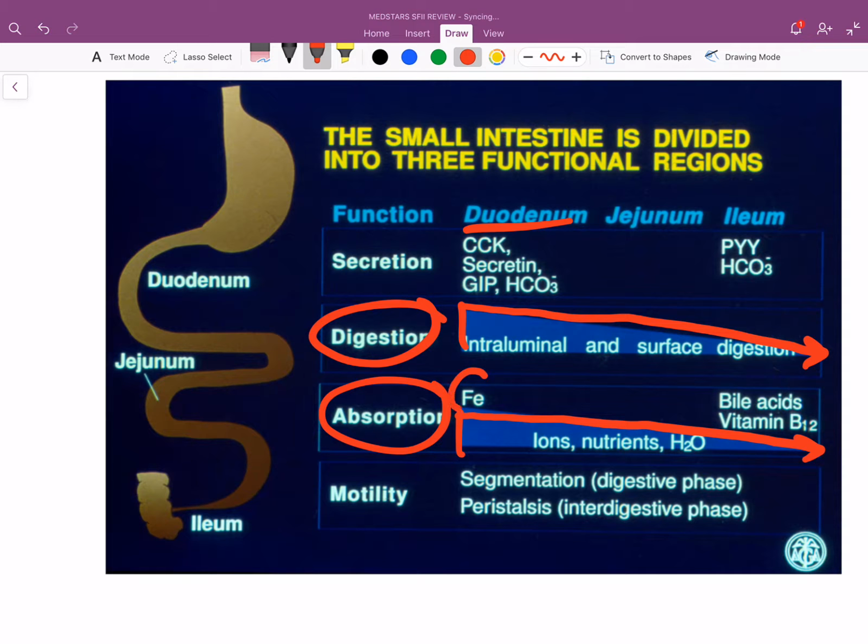Notice that iron is absorbed the most at the duodenum, and B12 and bile acids are absorbed more at the ileum.